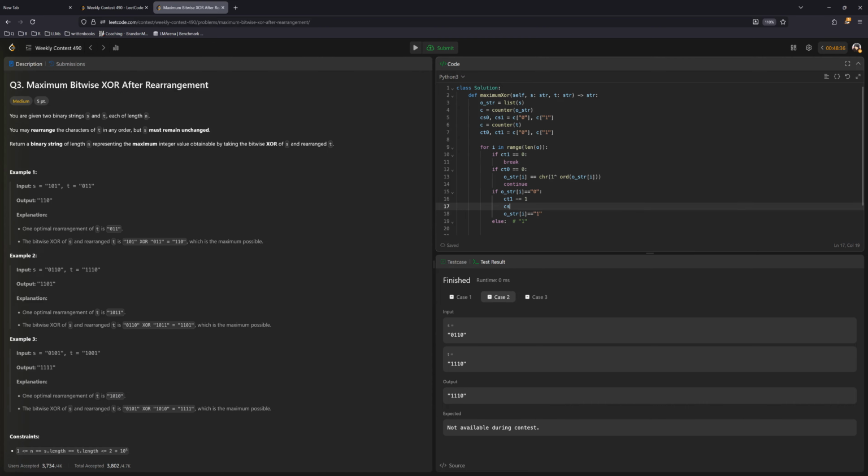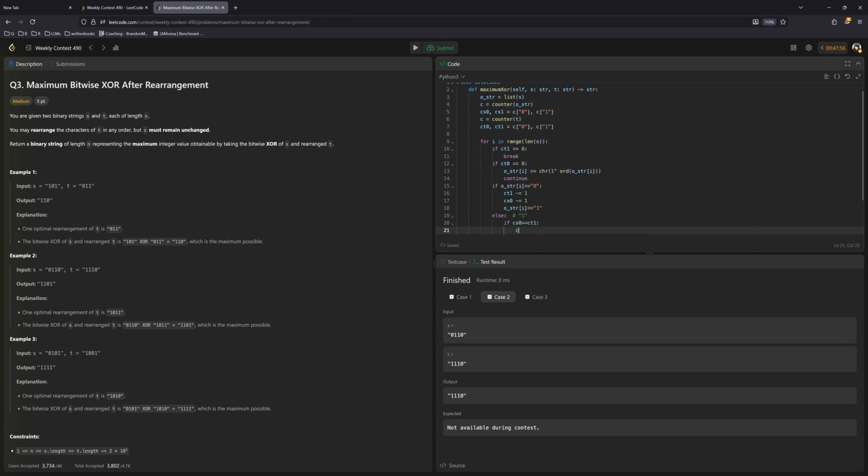Okay, in this case, CS of 0 minus equals 1, and CS of 1 plus equals 1. No, because it's remaining. We don't need to increase. So, if CS of 0 is greater than or equal to CT1, then we do nothing.